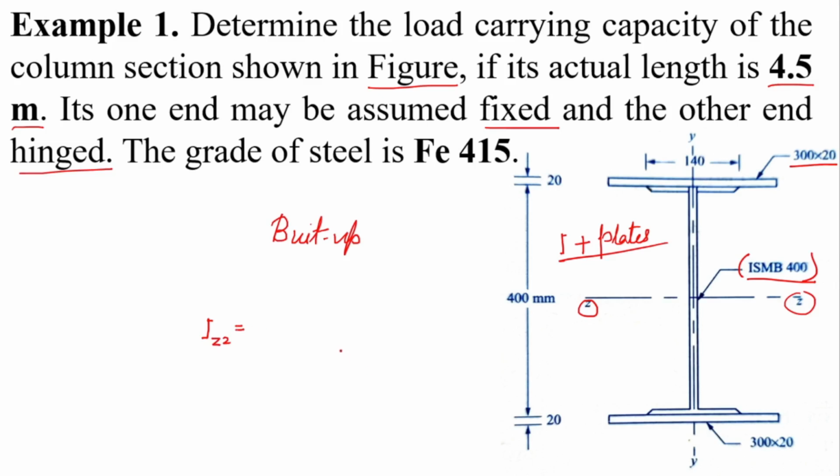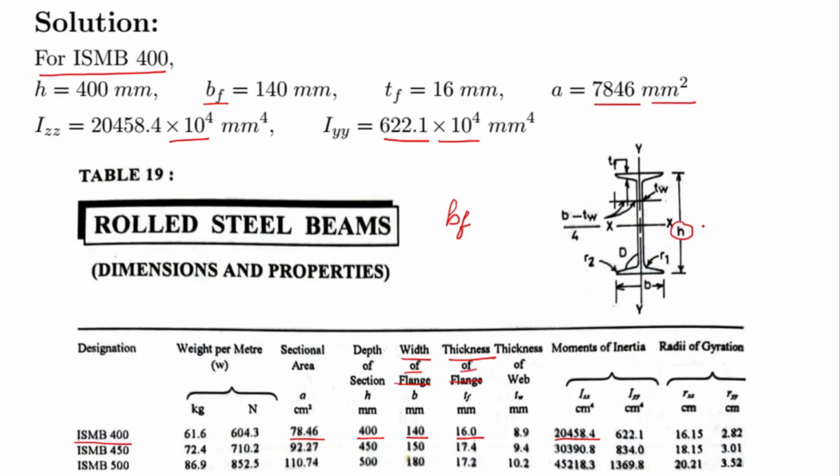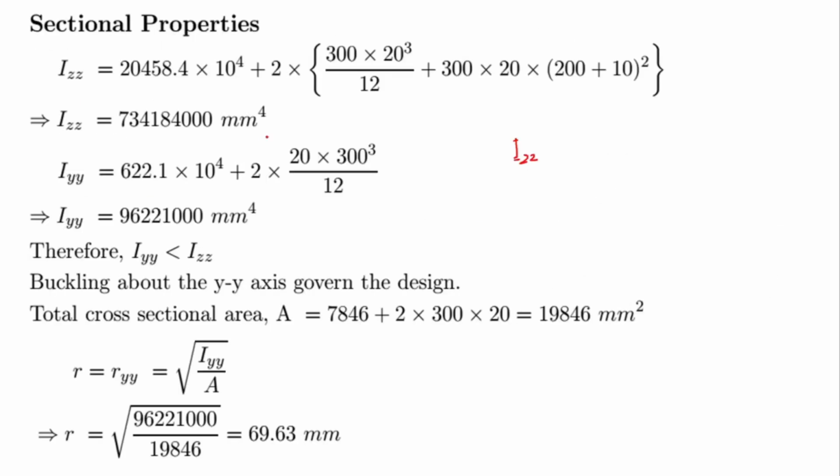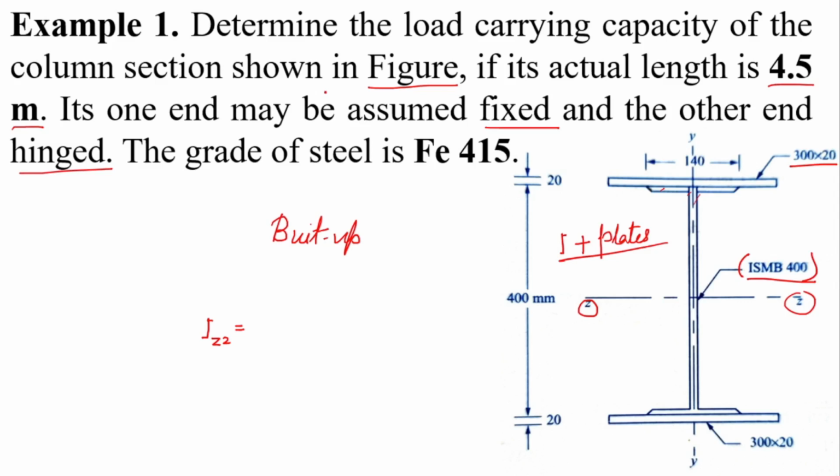If I take the moment of inertia of the I section as a whole, it is noted down from the steel table, which is 20458.4 into 10 power 4. So for I section I have directly written, and it will be summed up with the moment of inertia for the plates at top and bottom.